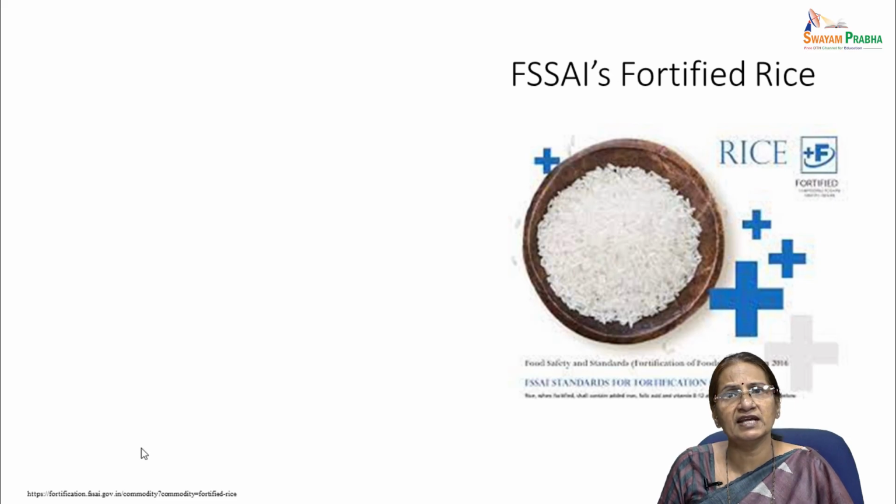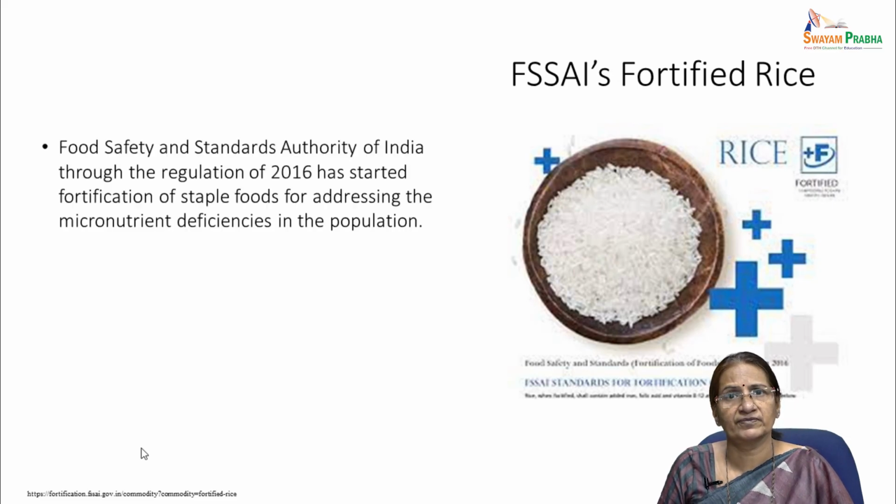Now, FSSAI's fortified rice. The Food Safety and Standards Authority of India, through the regulation of 2016, has started fortification of staple foods for addressing the micronutrient deficiencies in the population.